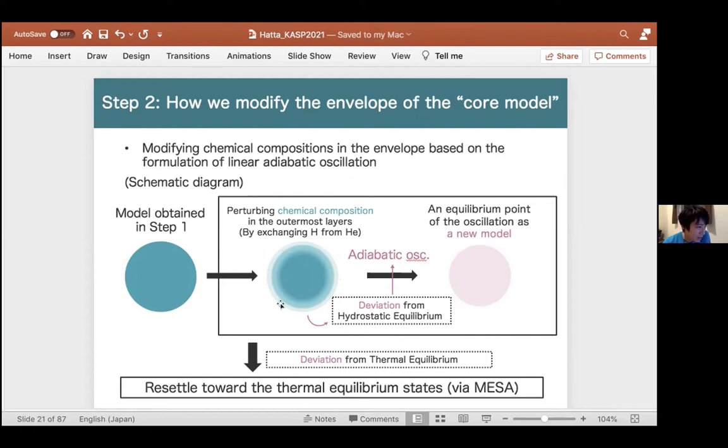This is the main part of step two. Though this new model is in hydrostatic equilibrium, it can deviate from thermal equilibrium. So we lastly resettle it to thermal equilibrium via MESA by just evolving this new model for the corresponding thermal time scale.